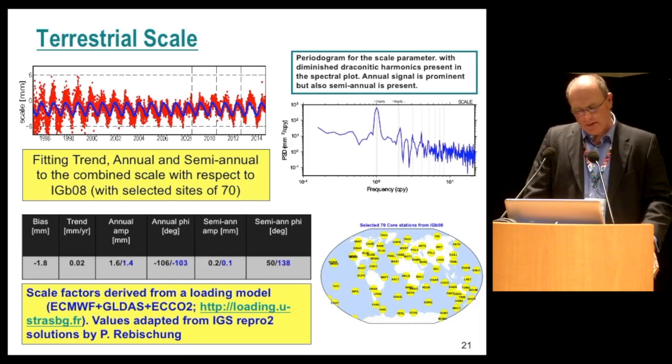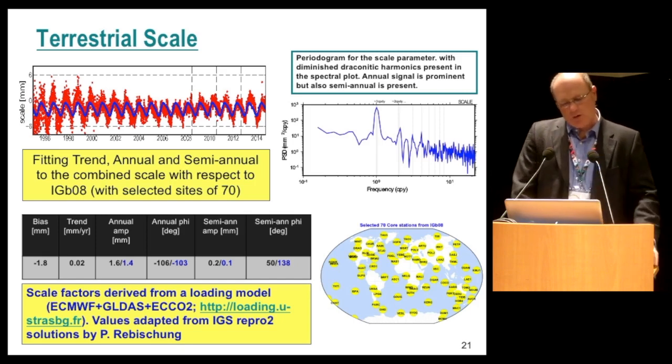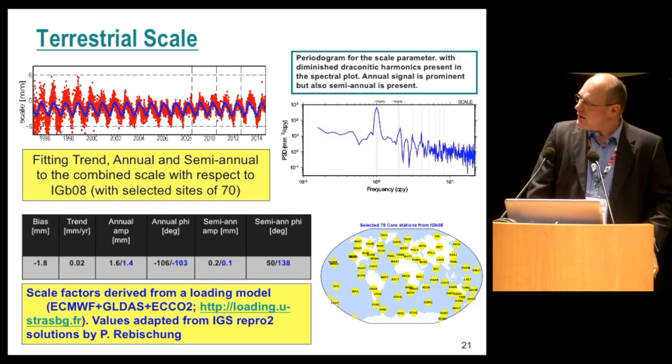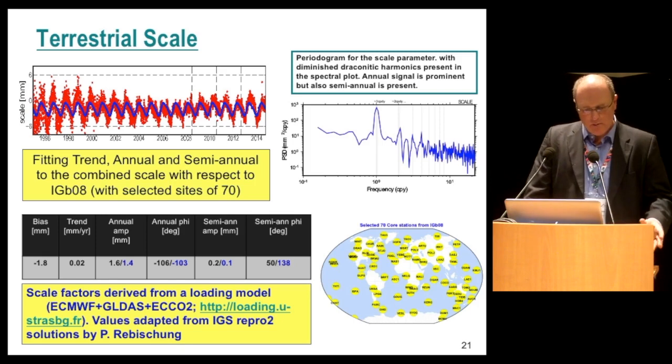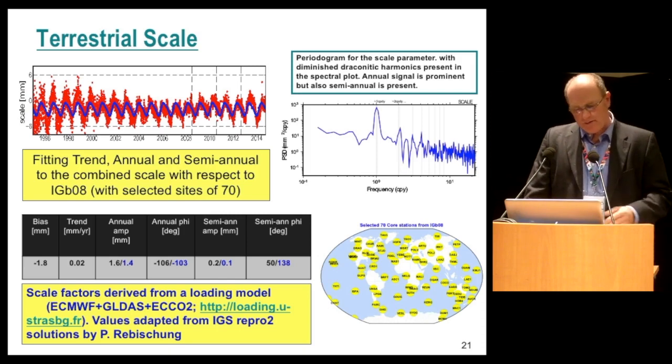But we looked also at where these variations come from, and when we fit the model, which you see in the table below, you see a bias of minus 1.8 millimeters and a trend of 0.02 millimeters per year, annual and semi-annual signal.